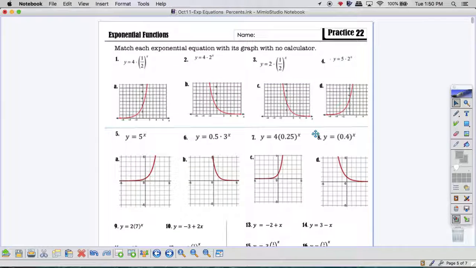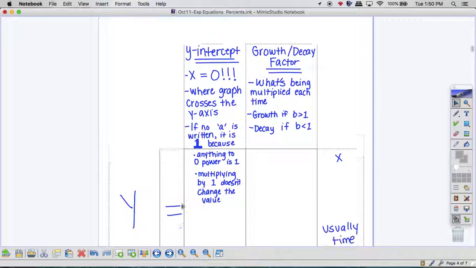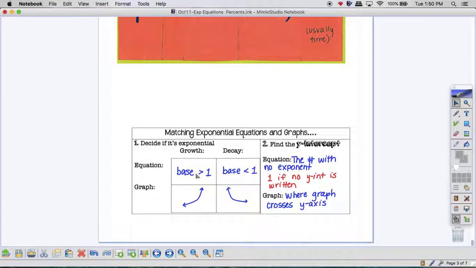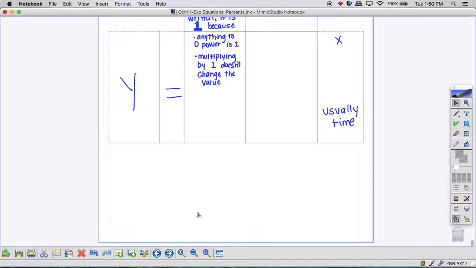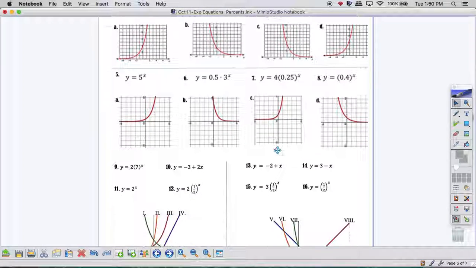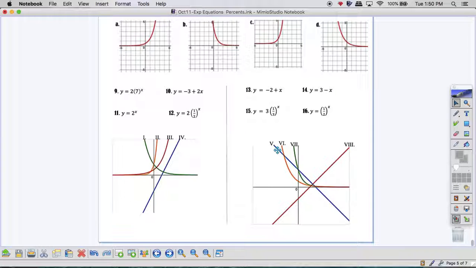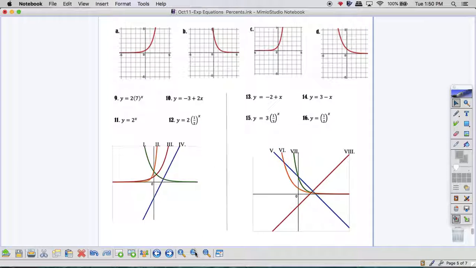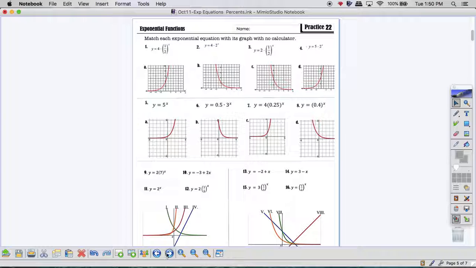Okay, so this whole front side of the practice is going to be using this right here to try to match the equations and the graphs on the front, okay, that you should be able to match them by looking at the y-intercept and the growth, if it's growth or decay. Okay, you can pause the video until you have matched all of these on 1 through 16.